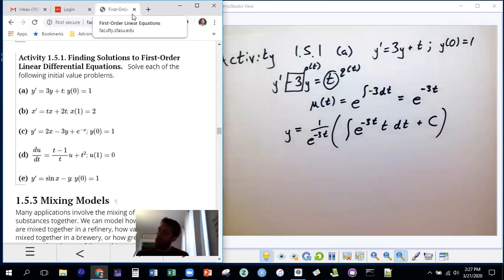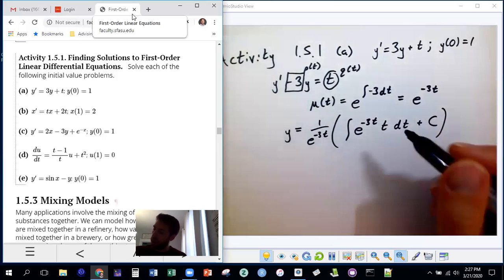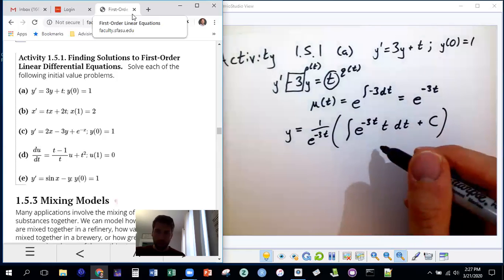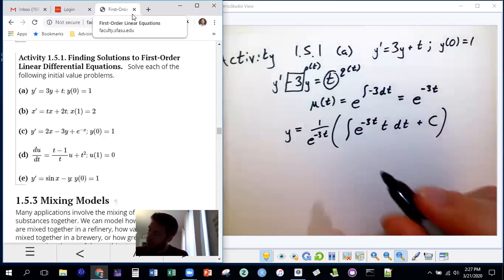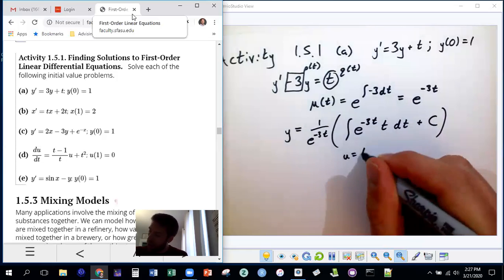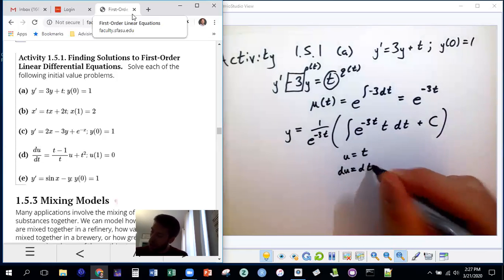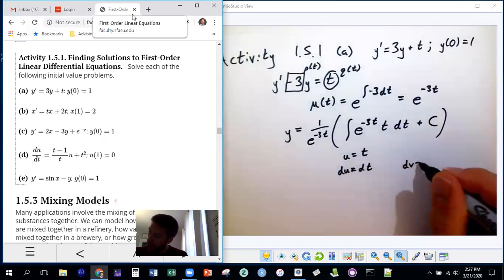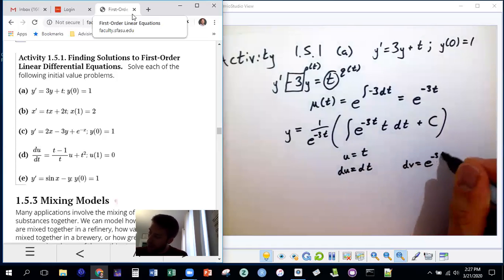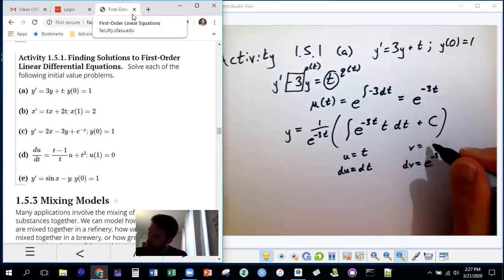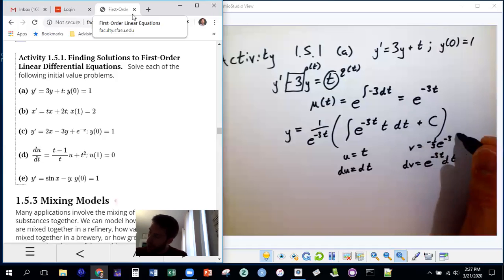Okay, well, here to do this integral, this is integration by parts. So u equals t, du equals dt, dv equals e to the negative 3t. That makes v equal to, dt there, v equals negative 1/3 e to the negative 3t.